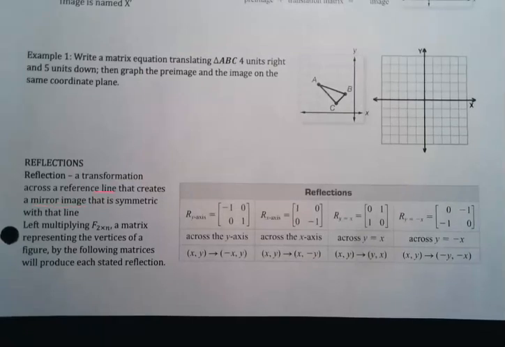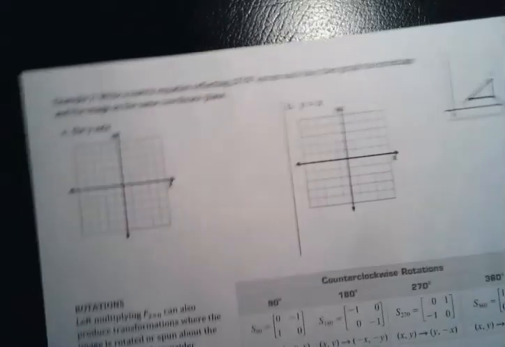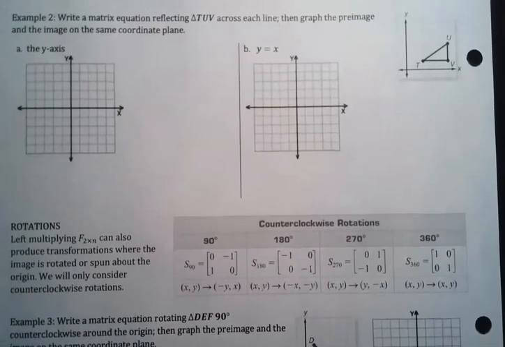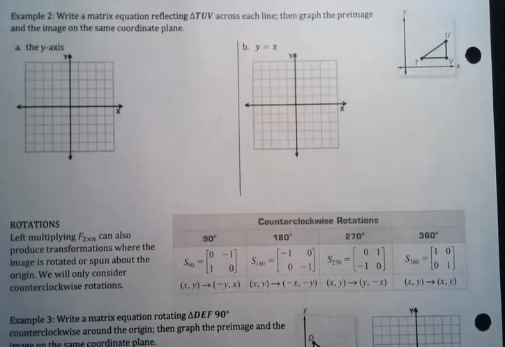And so let me clear this a little bit. All right, so for example 2, write a matrix equation reflecting triangle TUV across each line. Then graph the pre-image and the image on the same coordinate plane. So first of all, let's look at TUV.